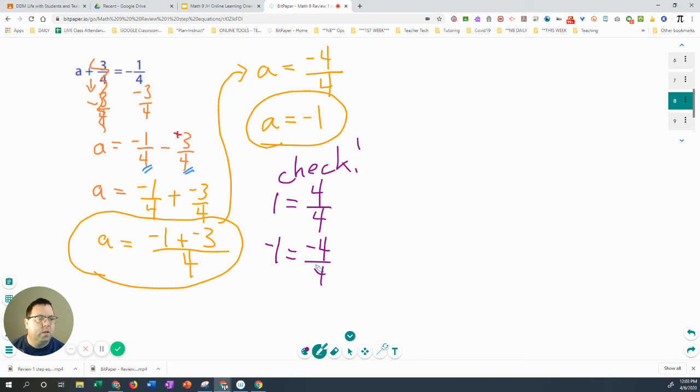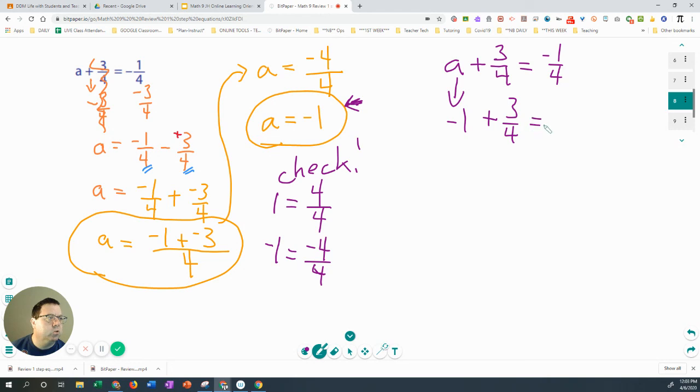So if we're saying a plus 3/4 is equal to -1/4, and going back here, that a is supposed to be equal to -1. Okay, so we're substituting in our solution.